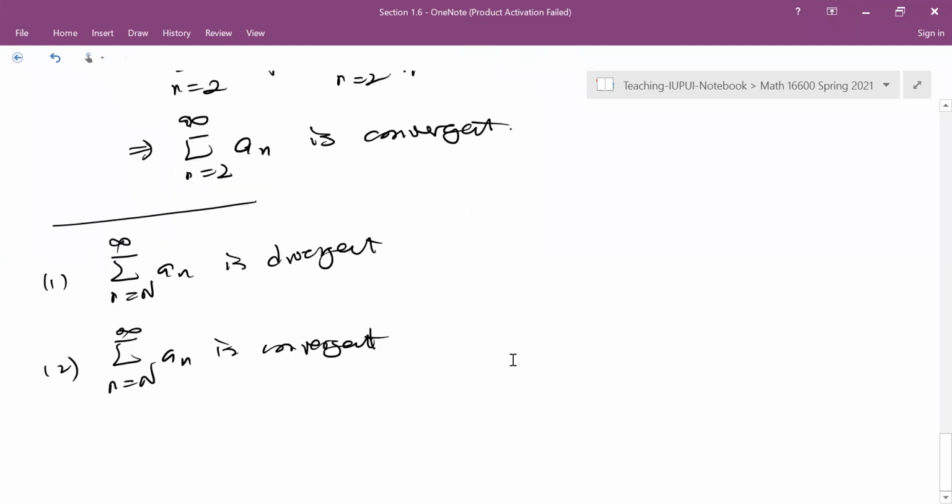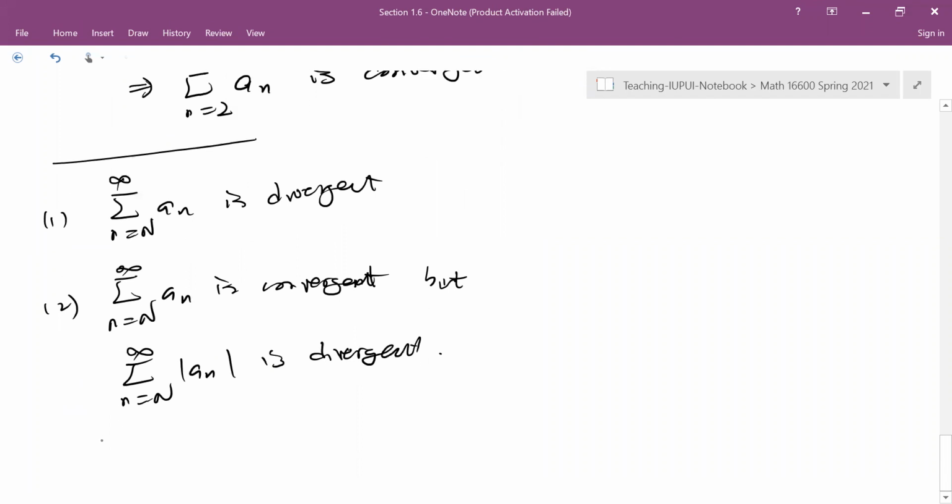The second case is that the series is convergent, but the absolute series is divergent. In this case, we say that this is conditionally convergent.